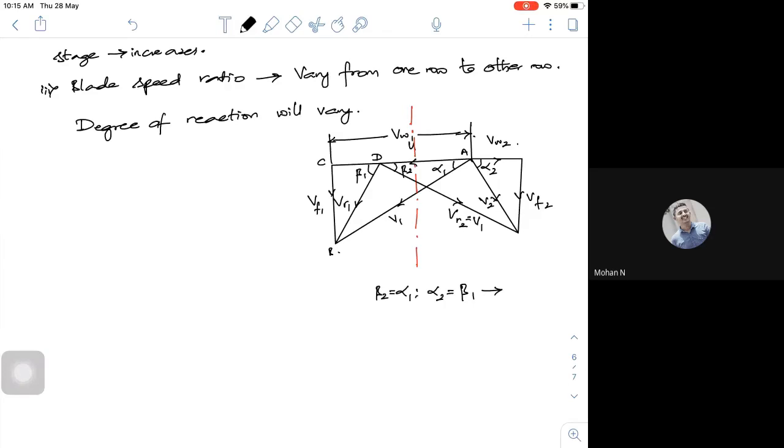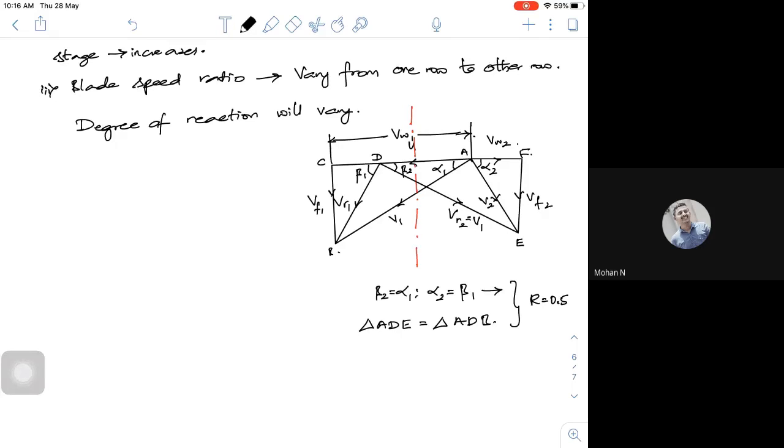A, B, C, D, we call this E, F. At any given point, triangle ADB will be equal to triangle ADE. So if I'm able to satisfy all these conditions, it will lead to a similar velocity triangle.